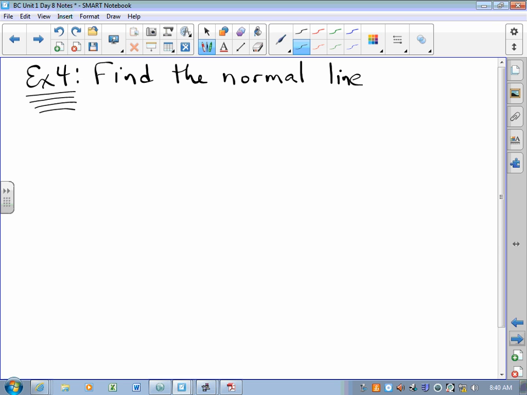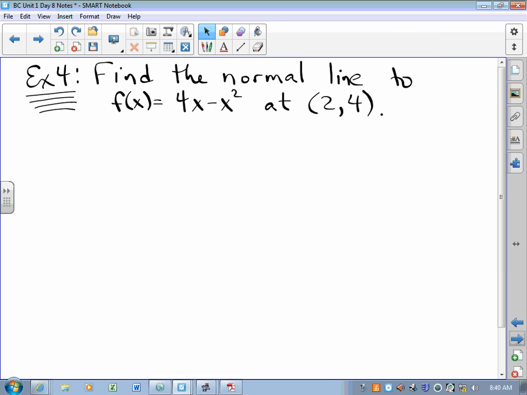Find the normal line to f of x equals 4x minus x squared at the point 2, 4. A normal line is going to be familiar to all of our friends from physics because we know that in optics, light bends toward a normal. And so you're already screaming at your screen, how can you do that to me?